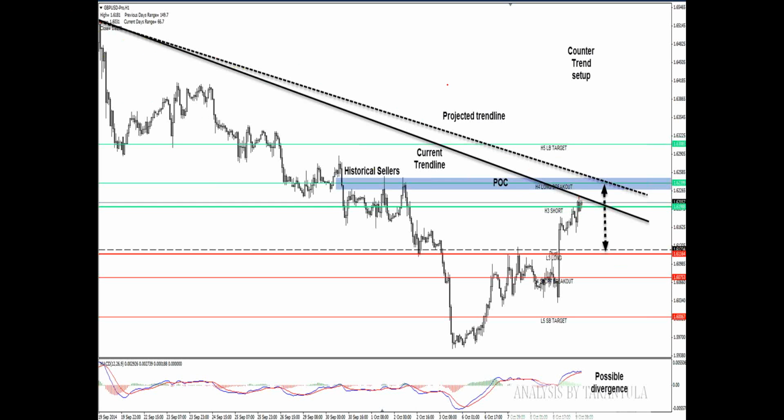Now, we can also try to think in the future. When we see a projected trend line, we are guessing that price might come to this level and then we can sell it. Well, the price came somewhere between this level and this level. Actually, it came today just at 62.26.